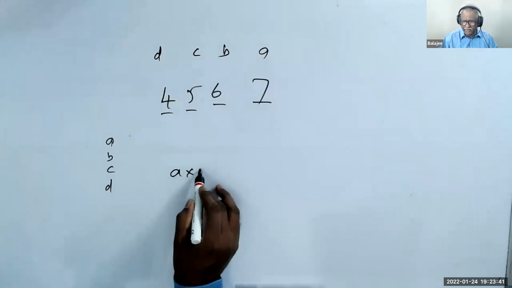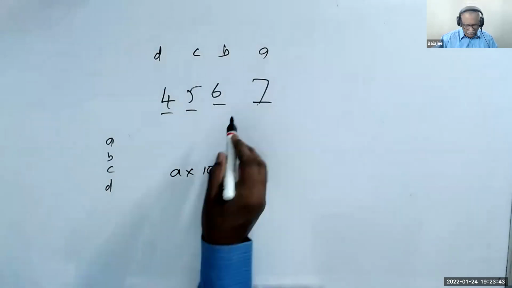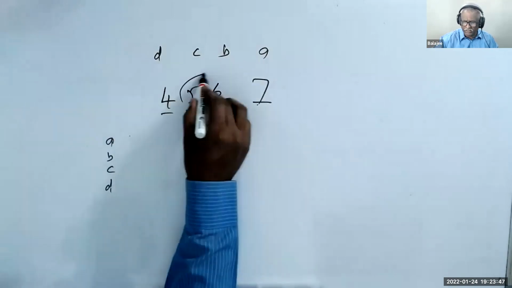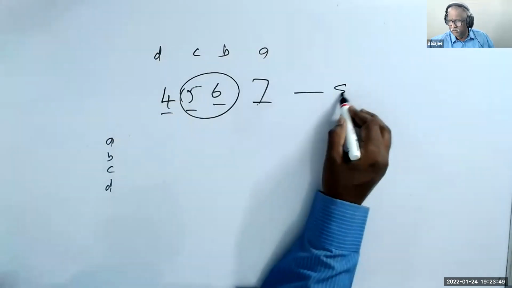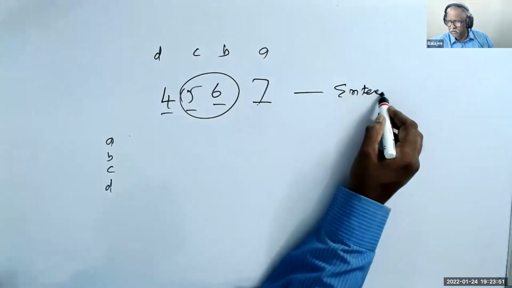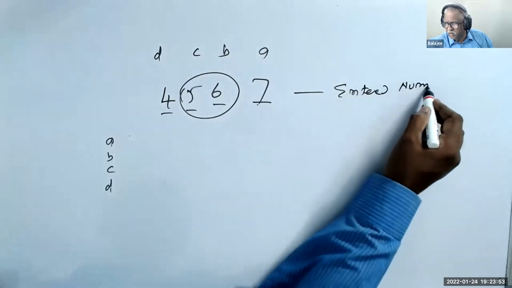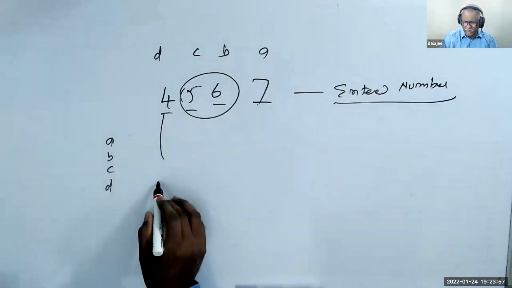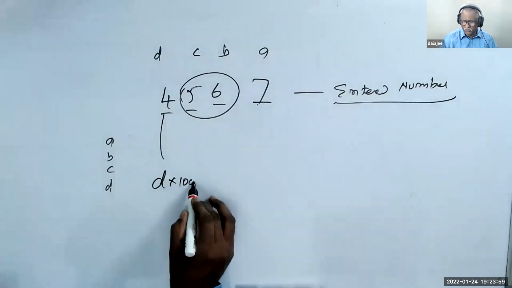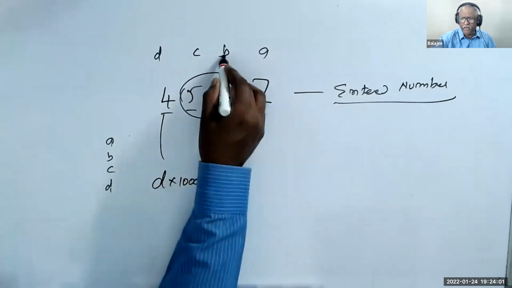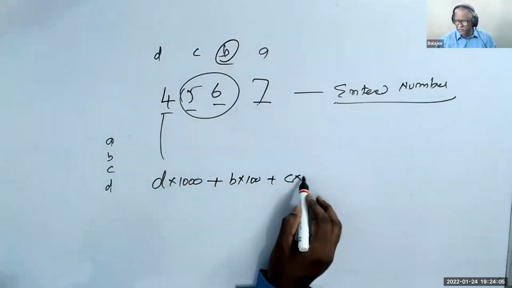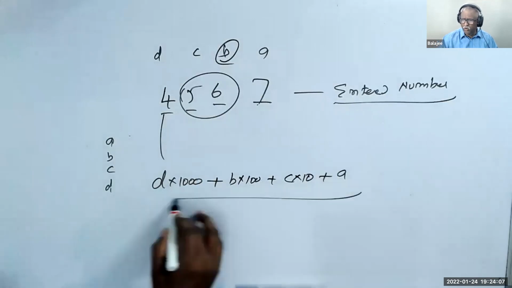I want to interchange only this. This is an entered number. Then you take D multiplied by 1000 plus C multiplied by 100 plus B multiplied by 10 plus A. That's all. Now you've got the interchange.